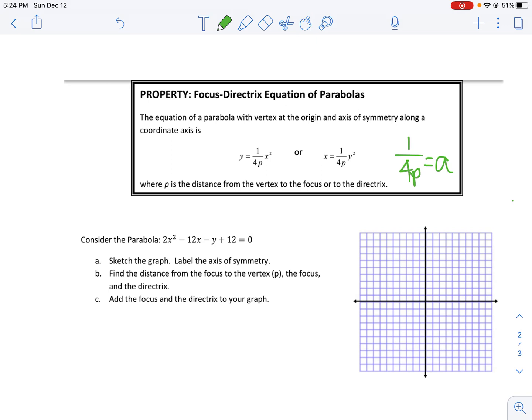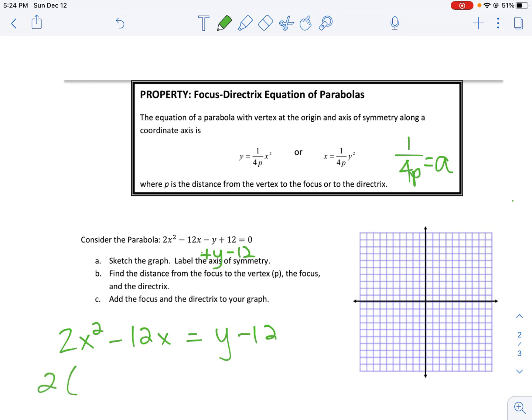So what we're going to do here is we're going to go ahead and rearrange this equation to graph the parabola. We're going to label the axis of symmetry, find that focus, and the directrix. So I'm going to look at what I need to complete the square for. I need to complete the square for x because it's the only thing that's squared. So I'm going to add that y and subtract that 12.